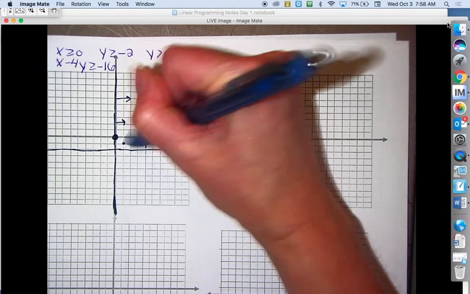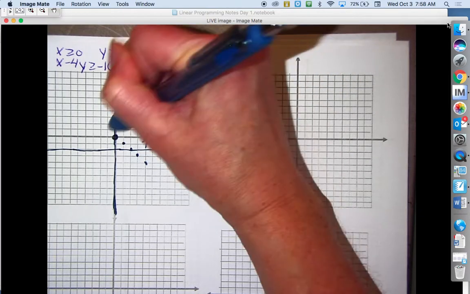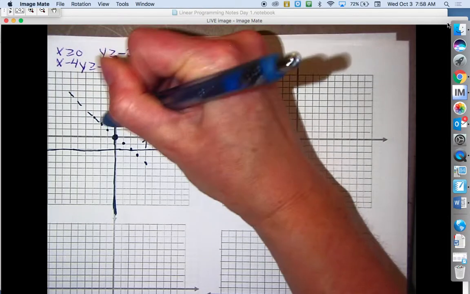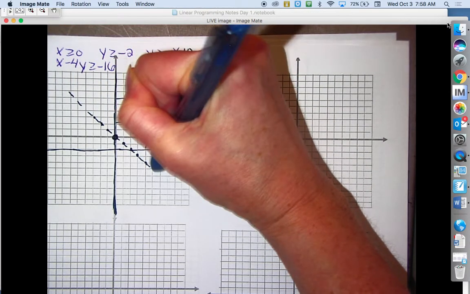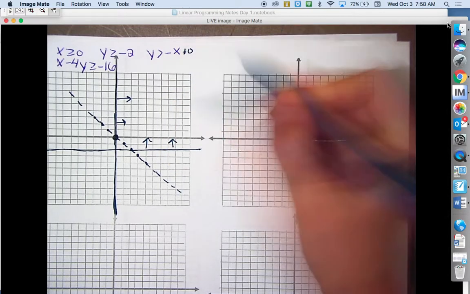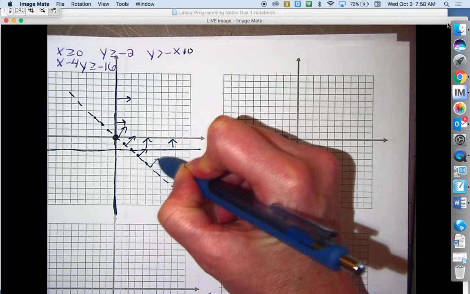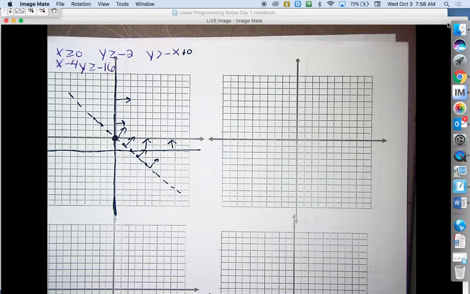So this should be a decreasing line. And it's also dotted, because it just says greater than. And again, we are above this line. So that's what my graph looks like so far. If I were to shade, I'd be shading from this diagonal line and then kind of off into the right.